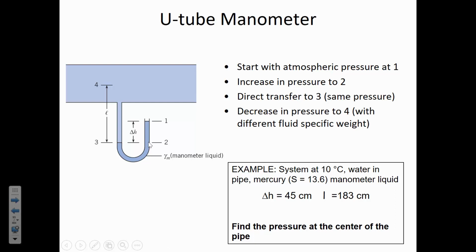The other way to express that is minus delta H, which here, instead of delta H, the variable for our height parameter is L. So I'm going to say minus L, that distance that we're traveling upward through the fluid. And now we have to use the unit weight of whatever that fluid is. In this case, it's the water, not the mercury. So L times the gamma of water.